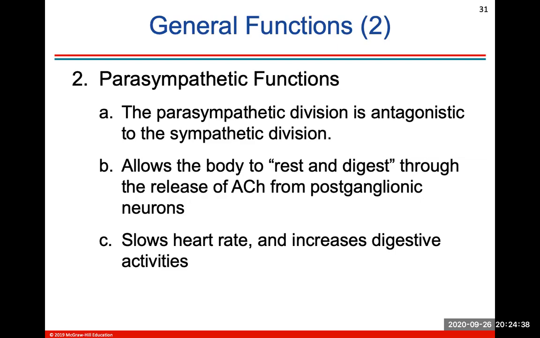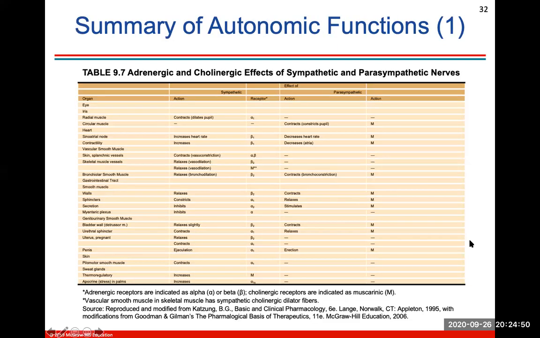The parasympathetic is antagonistic. It's the rest and digest. Through the release of acetylcholine, it will slow the heart rate down and increase digestive activities. So this is a look, and I know it's hard to read these, but it's good to read the organ and then the action of the organ and the effect, and tell what the organ does, if it's a sympathetic or parasympathetic effect.